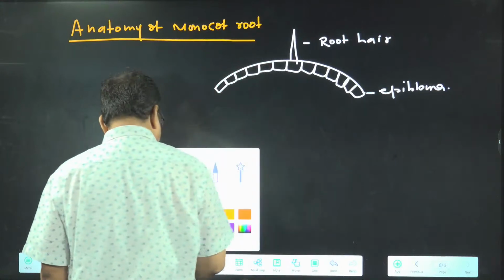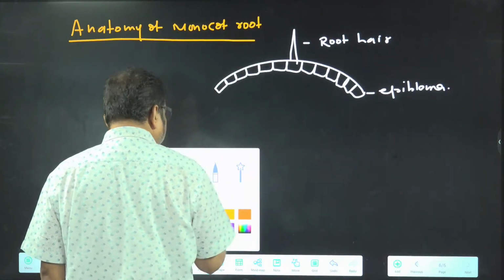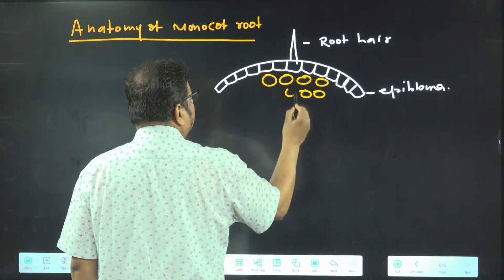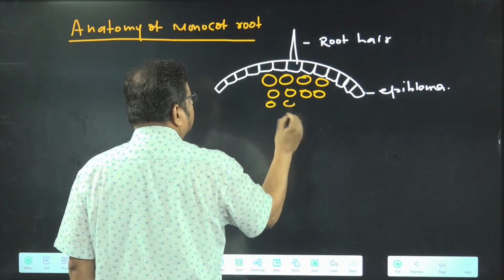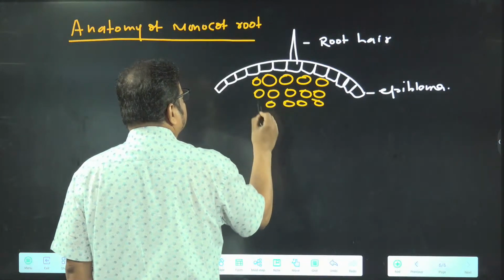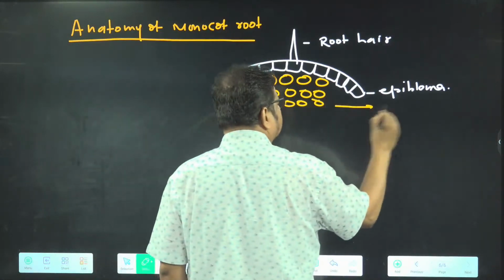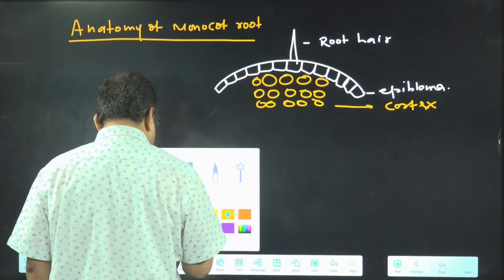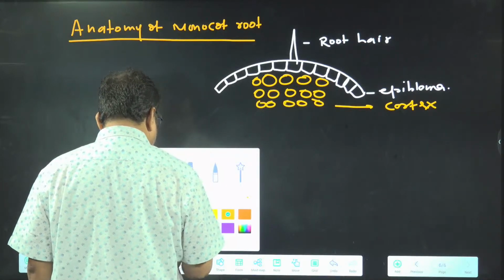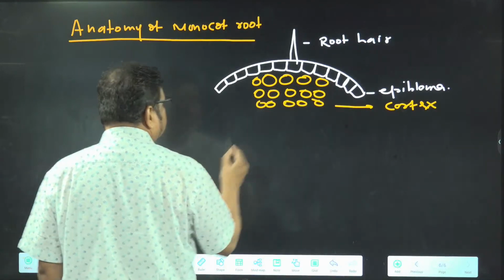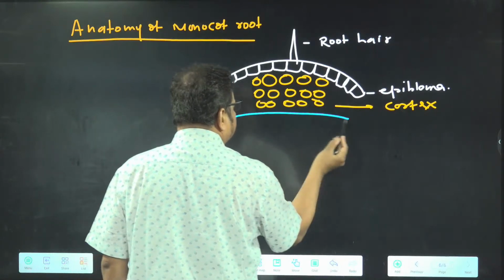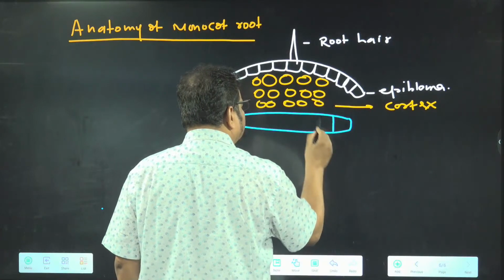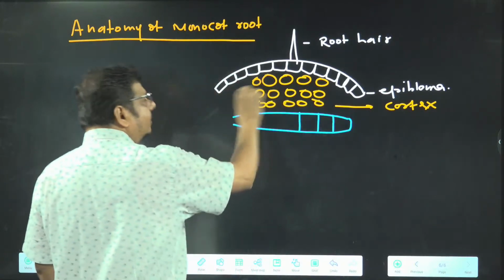Then which layer will come? Parenchymatous cortex. I am not writing everywhere. It is the cortical region. Cortex. You know about cortex. I already wrote. Then comes endodermis. So it is made up of a single layer. Cells are barrel shaped. So this is the endodermal layer. You just fill it, complete it.